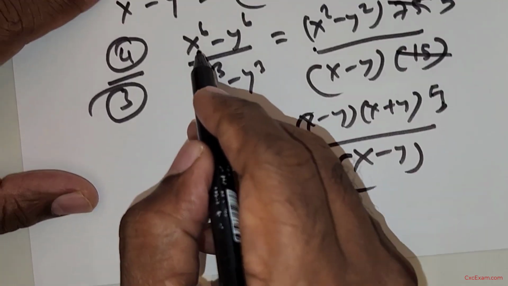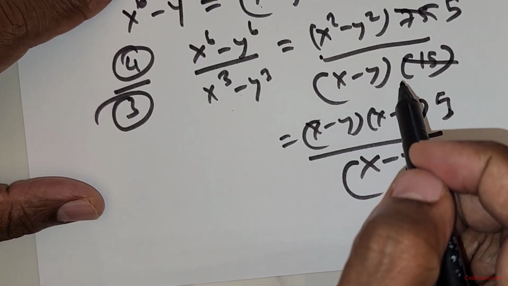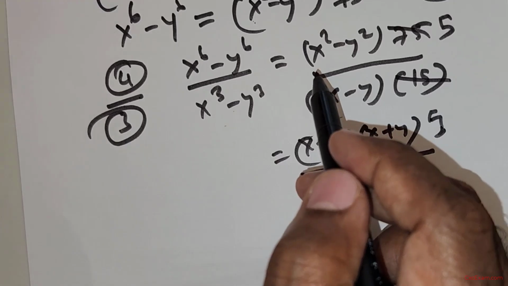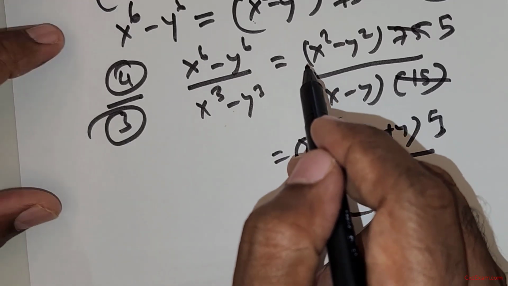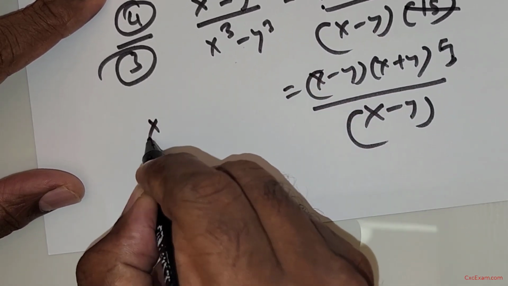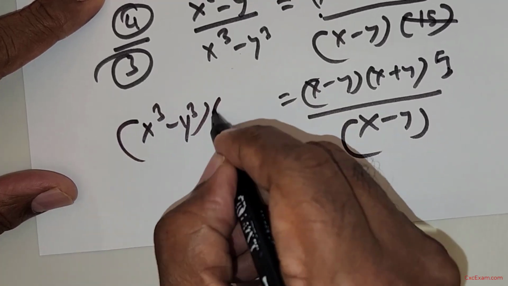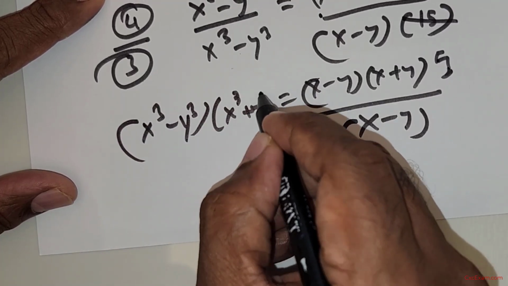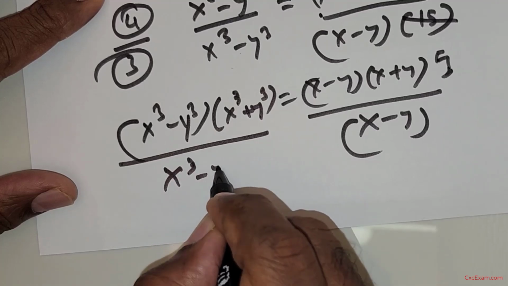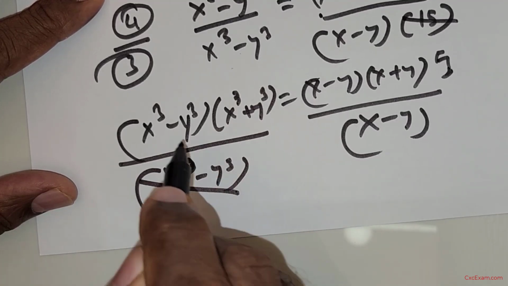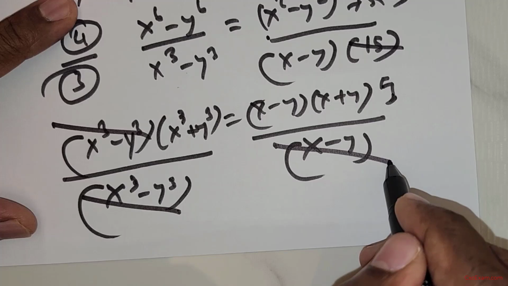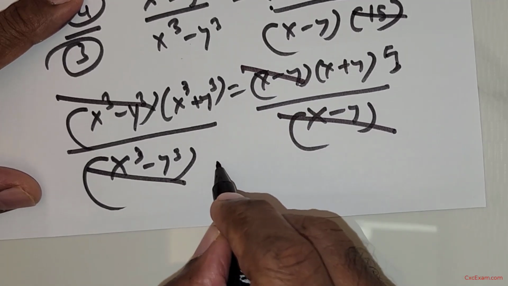Now this is actually of the form x squared minus y squared. The only point here is in place of x you have x cubed. So I can rewrite this as (x cubed minus y cubed) times (x cubed plus y cubed) divided by (x cubed minus y cubed). So clearly x cubed minus y cubed goes away, x minus y goes away.